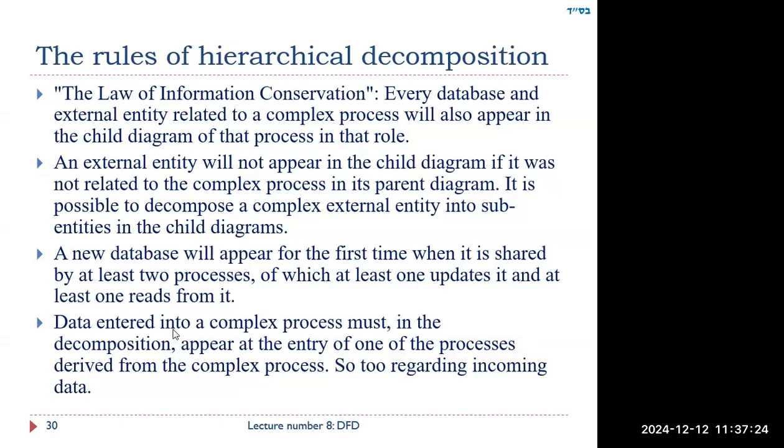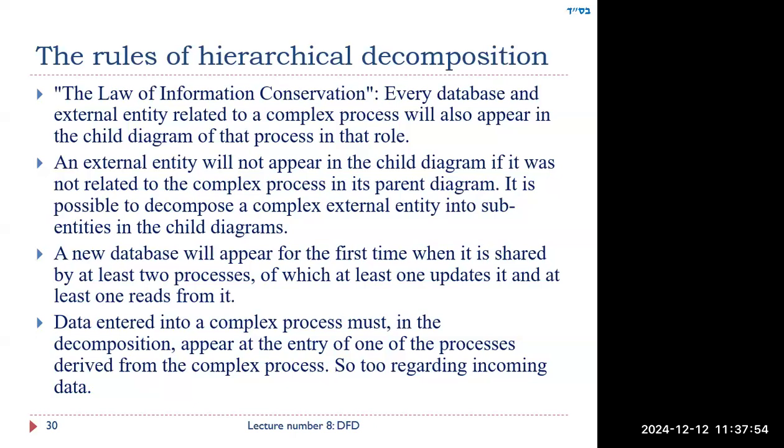Data entered into a complex process must, in the decomposition, appear at the entry of one of the processes derived from the complex process. Right, so this is regarding incoming data.